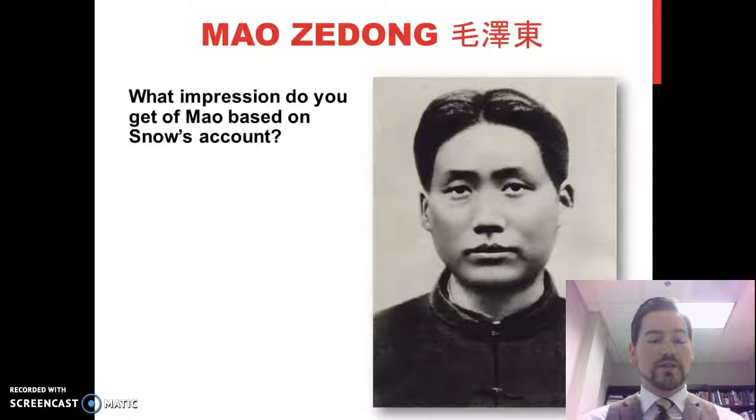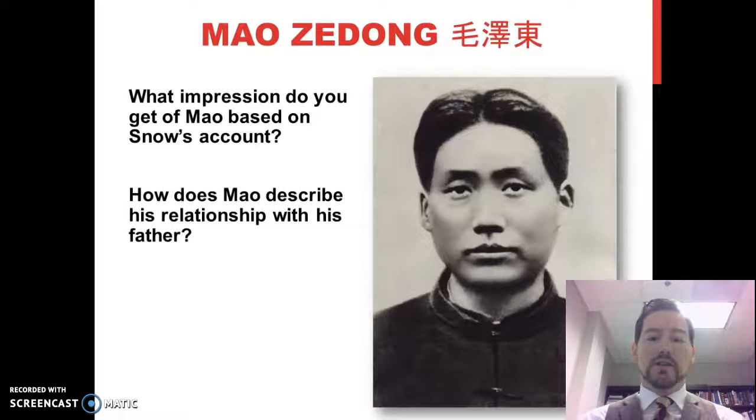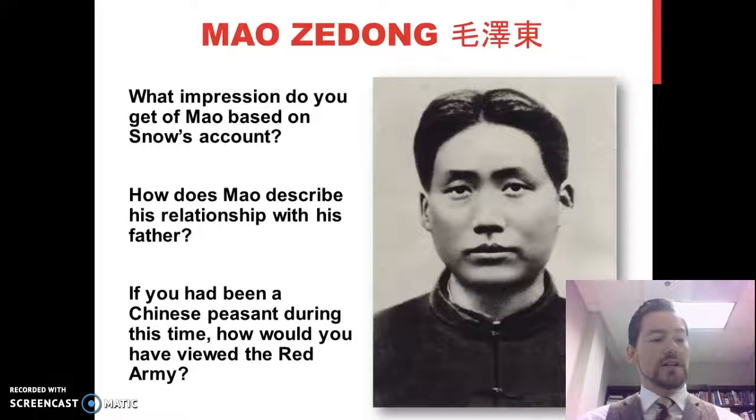So what sort of view do you get of Mao based on Snow's account? Also focus on how does Mao describe his relationship with his father, and what sort of impact might that have on his later life? And then finally, look at if you had been a Chinese peasant during this time, how would you have viewed the Red Army?